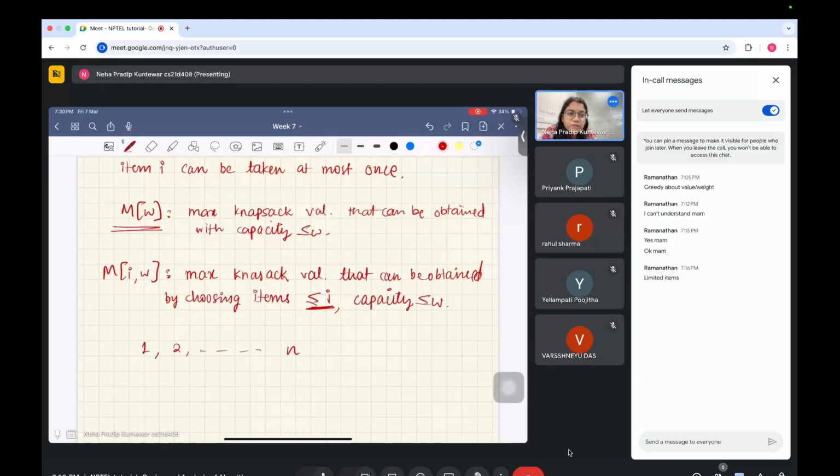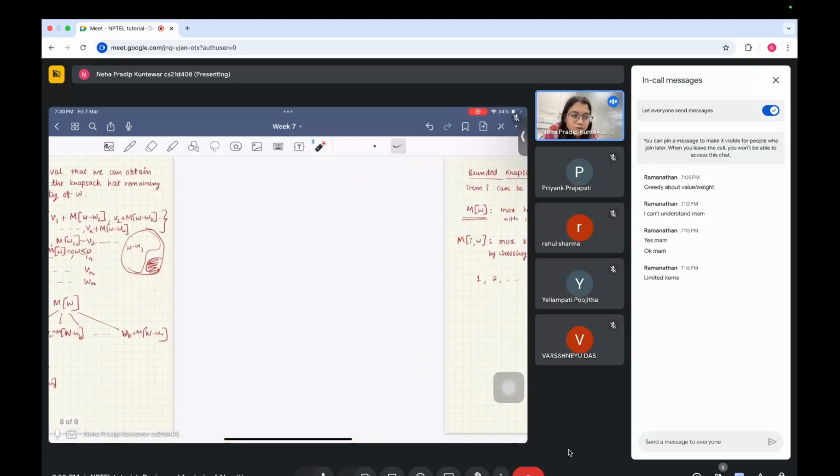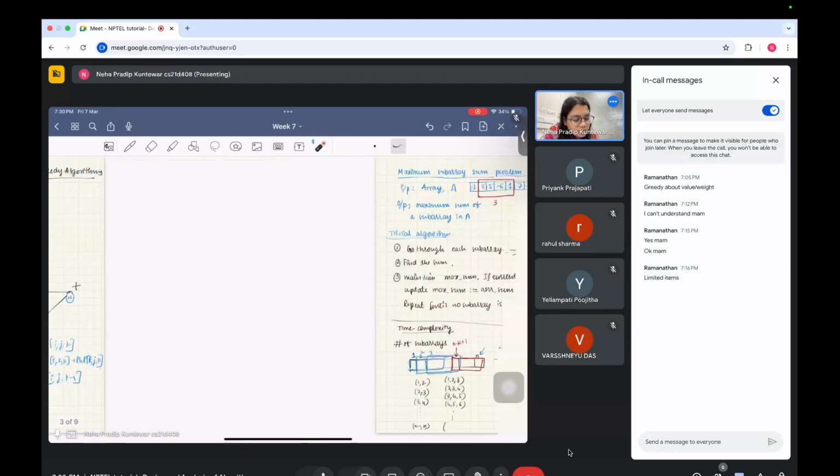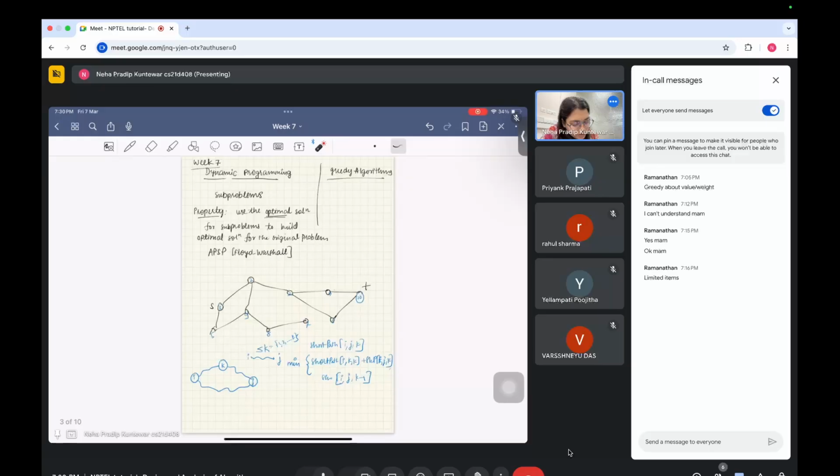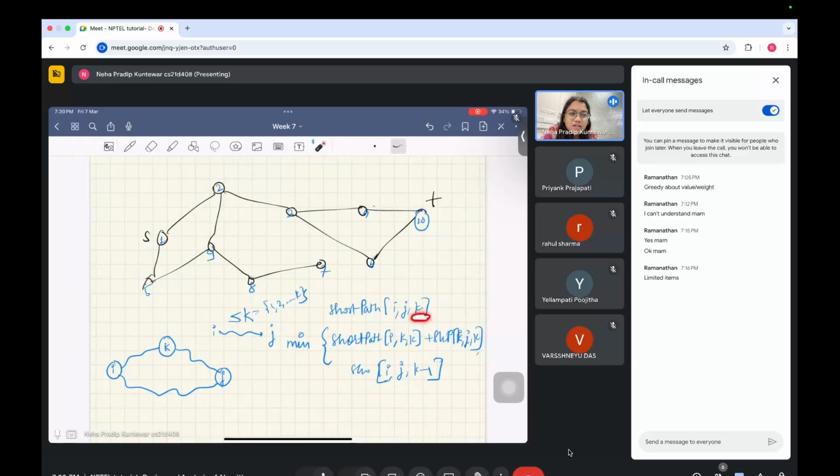Okay, so now using this, you might have noticed by now that this extra i that we introduced is something similar to what we did for the all pair shortest path. So just to show you, this extra k that we had introduced there is to tell you that you are allowed to use the nodes whose label is up to k, and then you go from k to k minus 1.